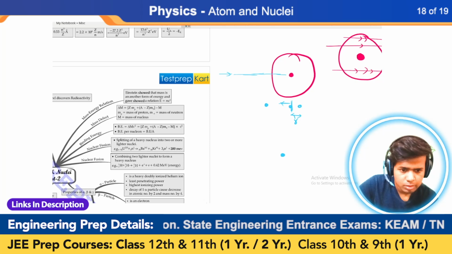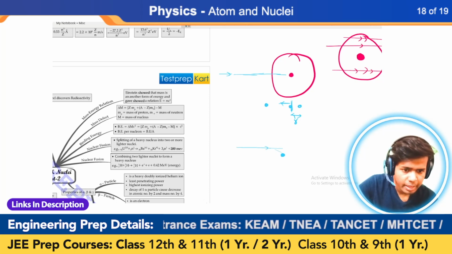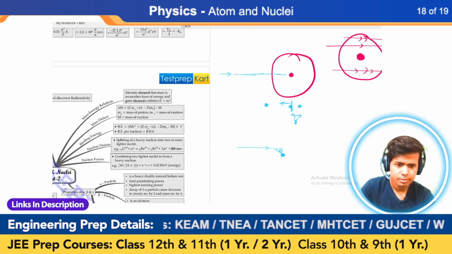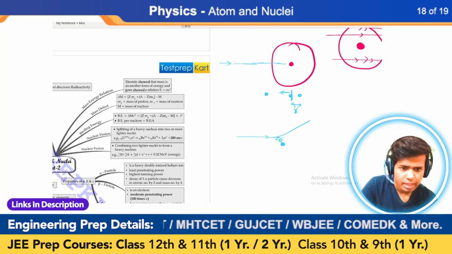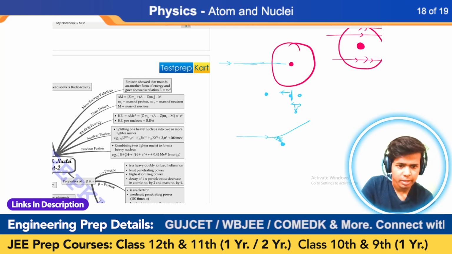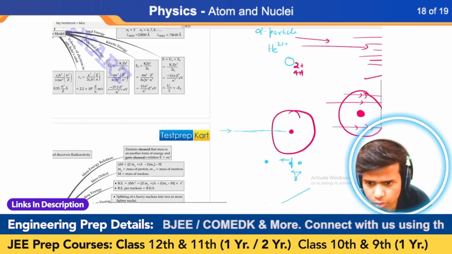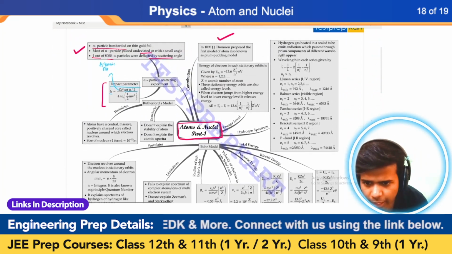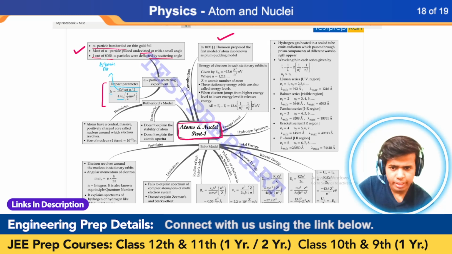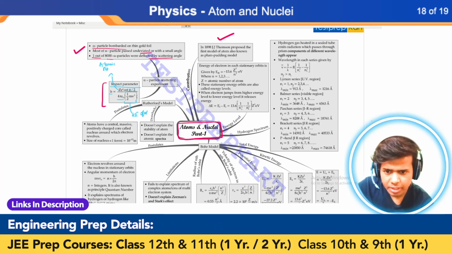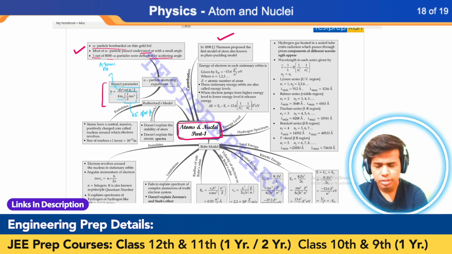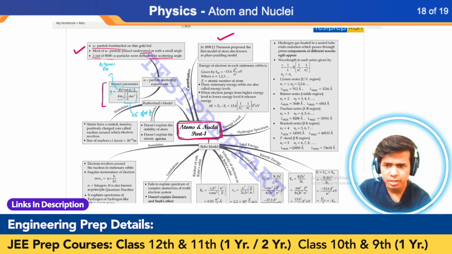Let's say this is the nucleus and you are coming from here; then you get deviated by an angle theta. So you place that angle here. 4π epsilon naught is a constant, and half mv square is basically the kinetic energy of the alpha particle. All right, so this is the formula that you might keep in mind.